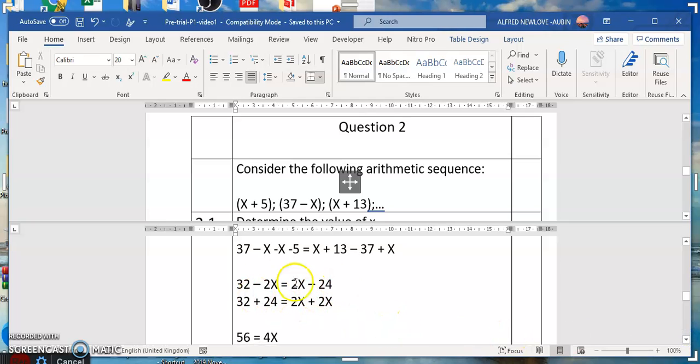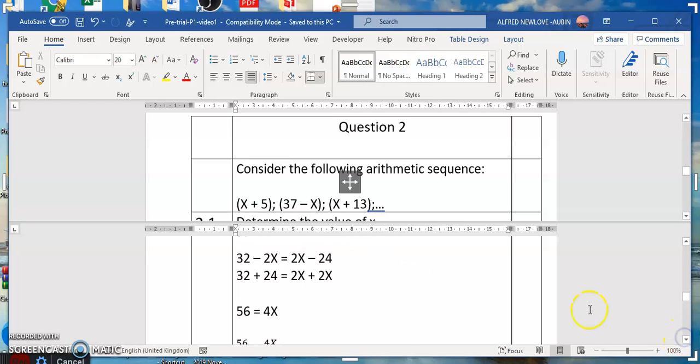And you continue to simplify. We have this, our 32. Transpose this minus 24 to this side to be plus 24. Then we have our 2x. Transpose this minus 2x to be plus 2x. Then 32 plus 24 is going to give us 56. Then 2x plus 2x is what? 4x.